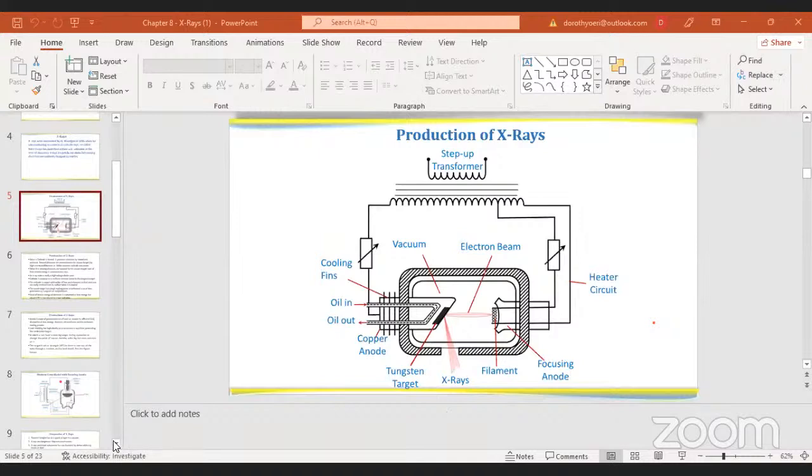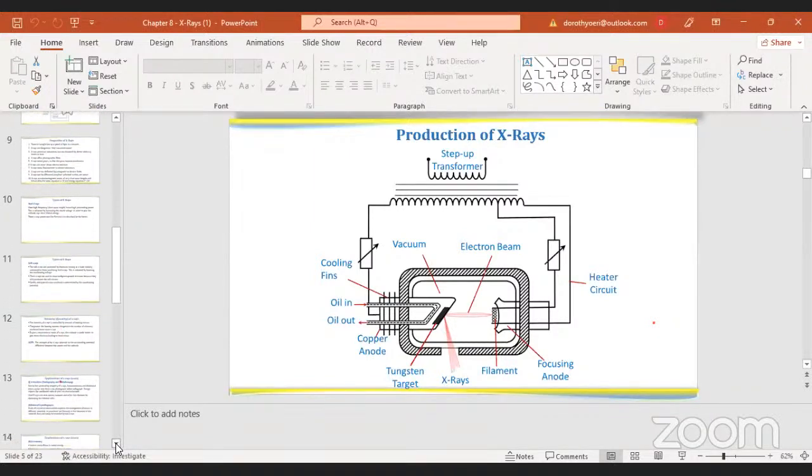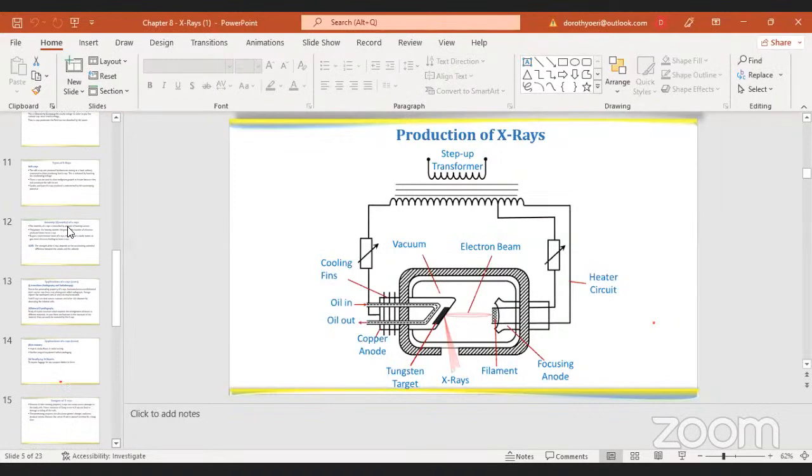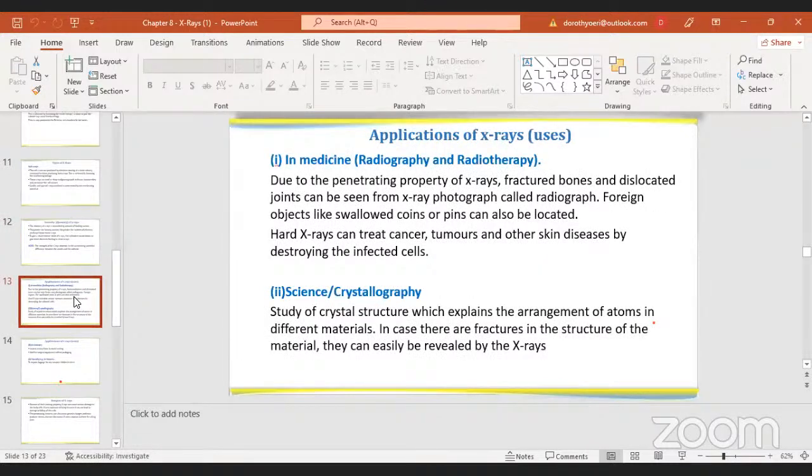So let's move on then to applications. You have looked at intensity. You go to applications of X-rays, or uses. In medicine, please ensure that at least you know 2 uses or 2 applications, and you can clearly explain the application.